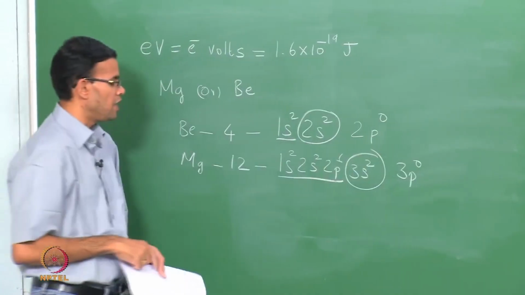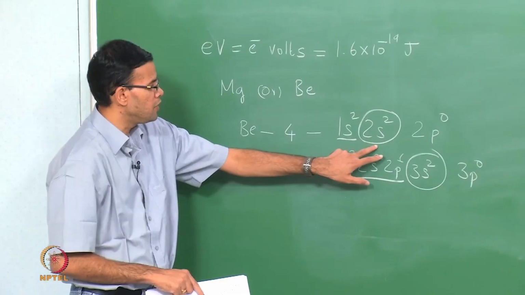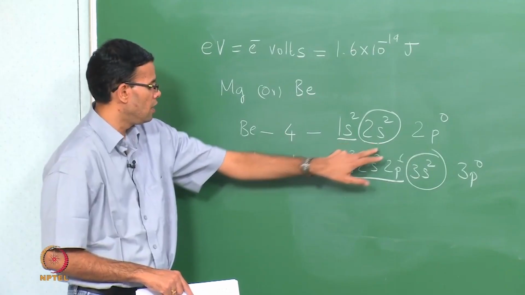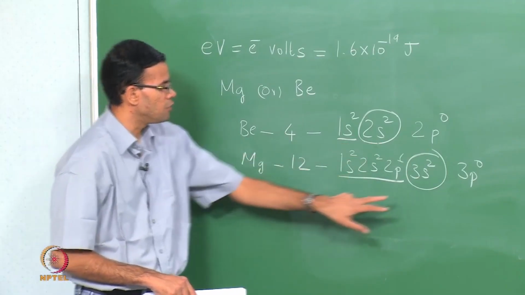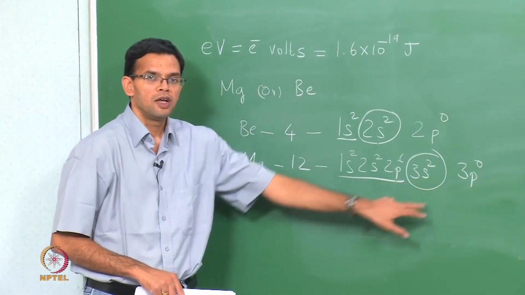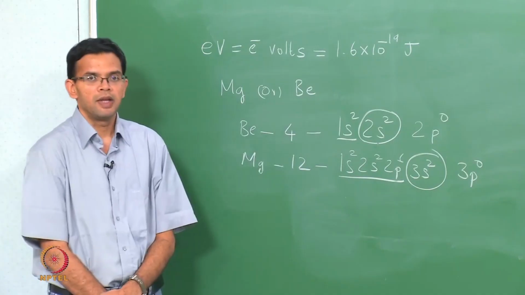In the case of magnesium you have a 3p0. So what you have when you form a solid is a mixing between the empty 2p0 and the full 2s2. In the case of magnesium you have a mixing between the empty 3p0 and the full 3s2, and that is the reason why you have an unfilled state and why these are metals.